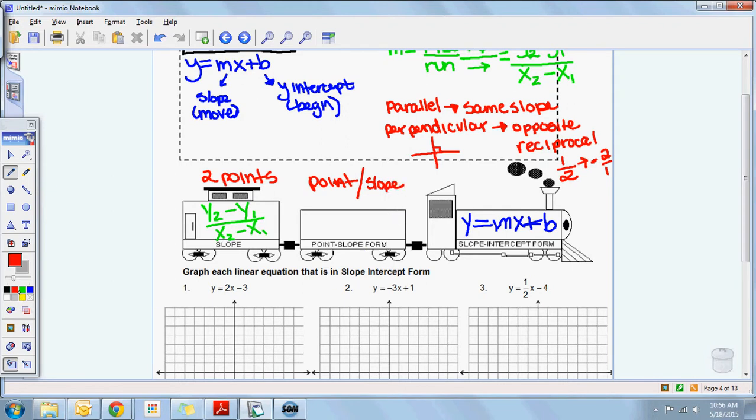So this is where you're going to do y minus y1 equals our slope times x minus x1.